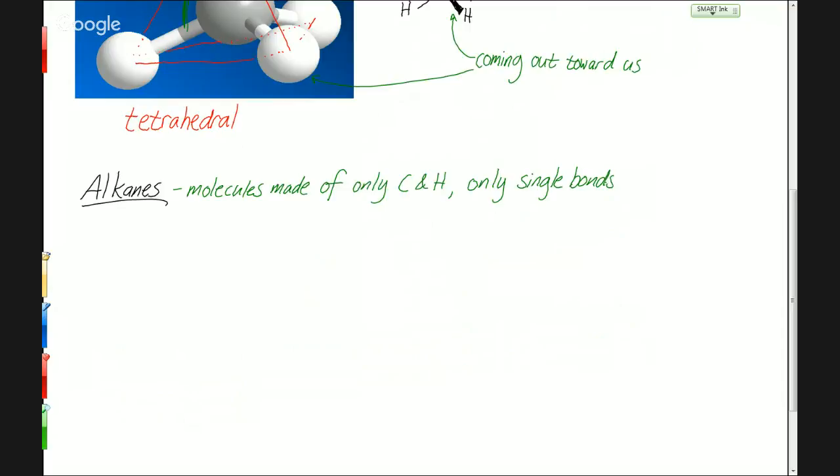We're going to build this up from simplest to, or smallest to largest, look at some structures, look at some names, and then kind of branch off from there. So we'll set up a table here. The molecular formula of the alkane, the structure, that is, what does it look like?